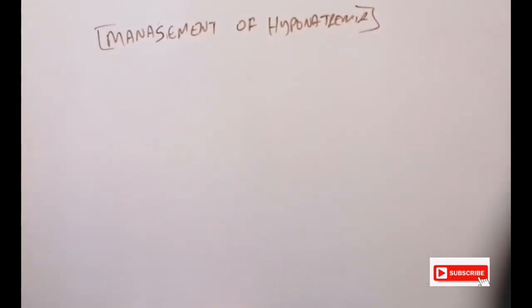But what I want you guys to understand is, when you treat a patient with hyponatremia, don't look at hyponatremia in isolation. Always look at the hydration status of the patient, because if you try to interpret hyponatremia and manage it alone, you're not going to win.